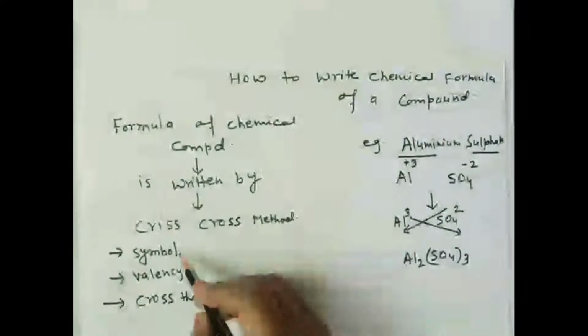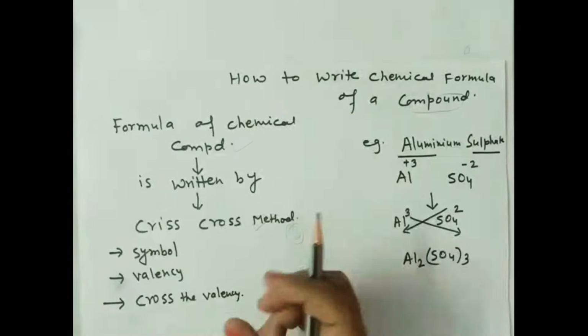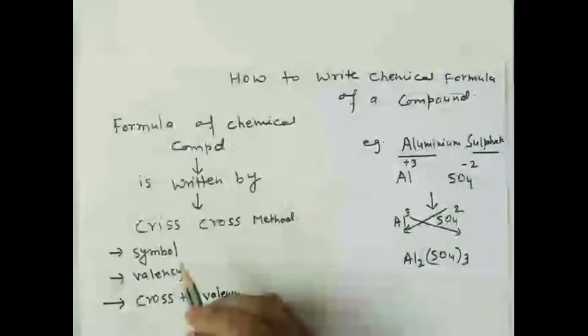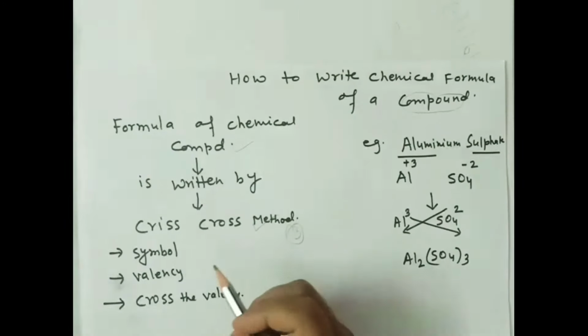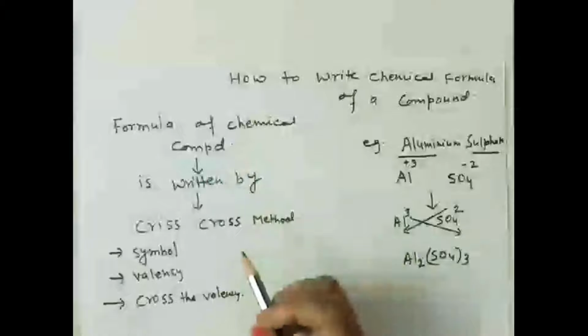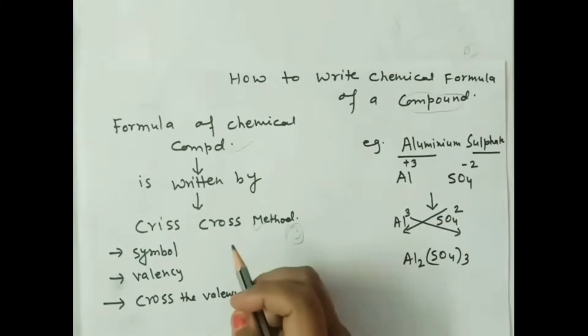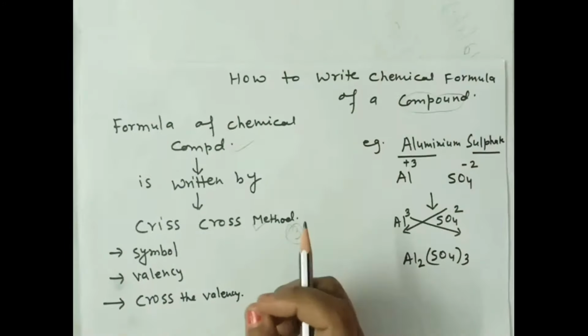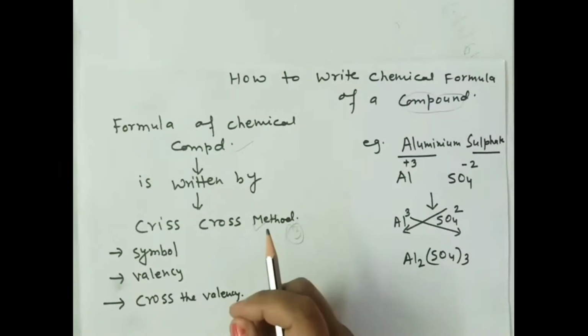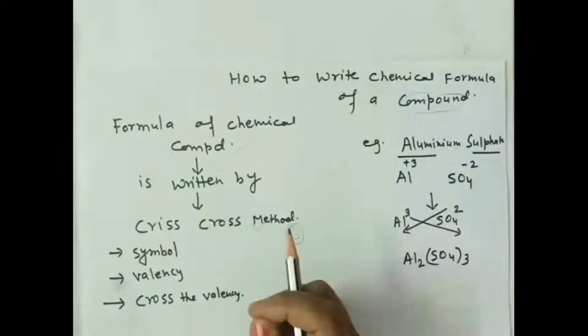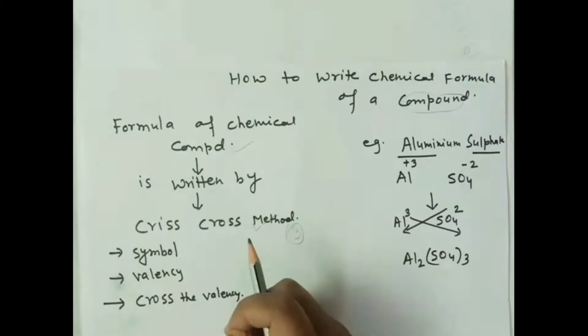First, we write the symbols of the elements present in the compound. Number two, we put the valency of the elements present in the compound. A plus or minus sign is not required, but the valency we have to write. Number three, the valencies need to be crisscrossed to write the formula.